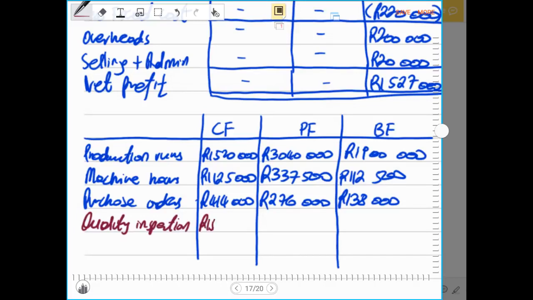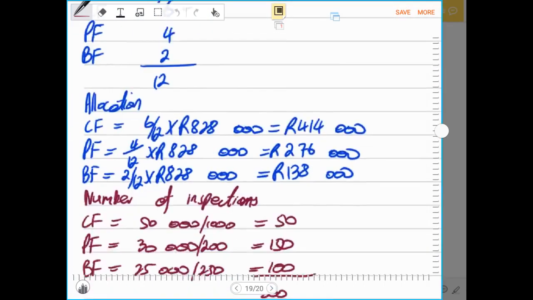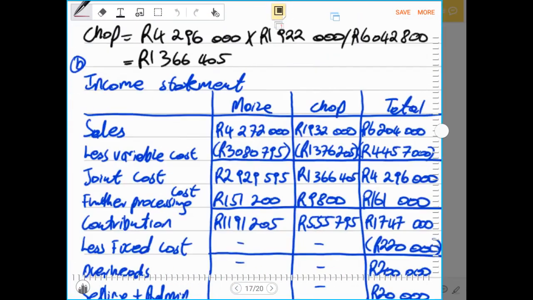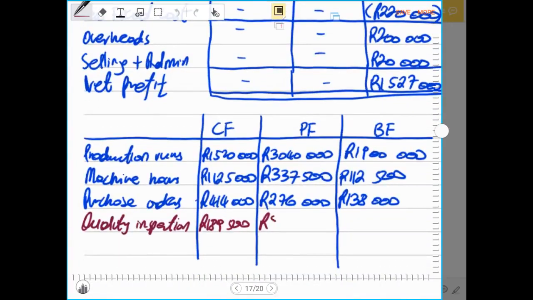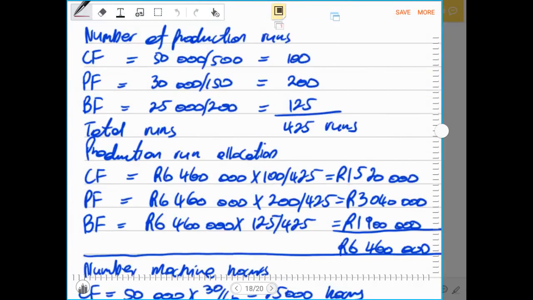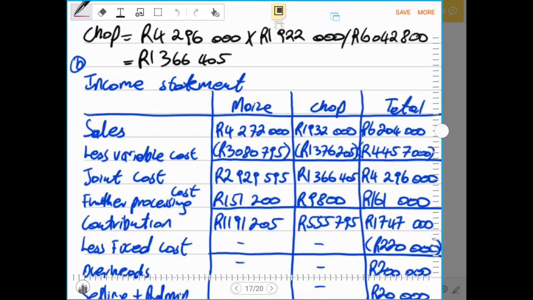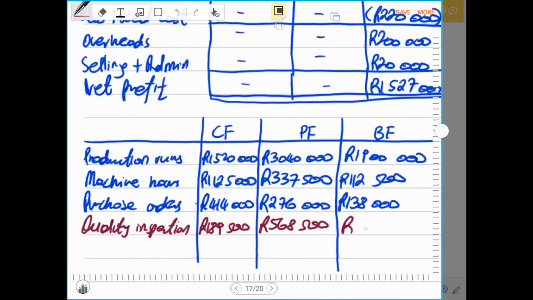This one was 568,500, and the last one is 379,000.